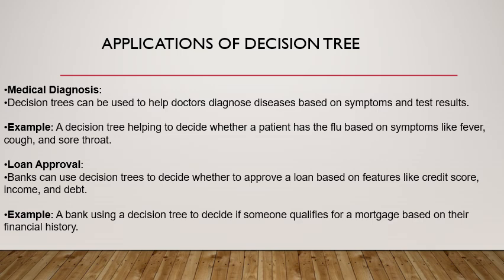Okay, this is one of the examples. Next, loan approval. A bank can use a decision tree to decide whether to approve a loan based on a few features like credit score, income, and debt. Example, the bank using a decision tree to decide if someone qualifies for a mortgage based on their financial history. This is about the applications.